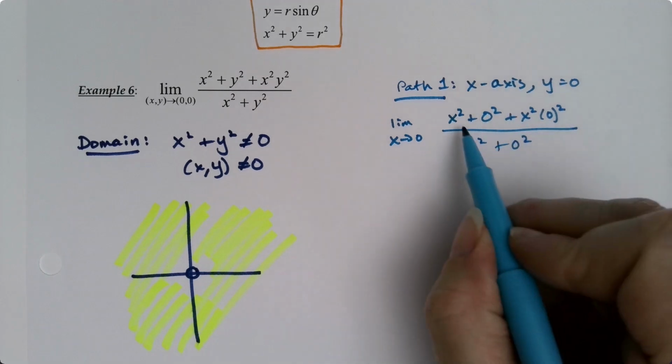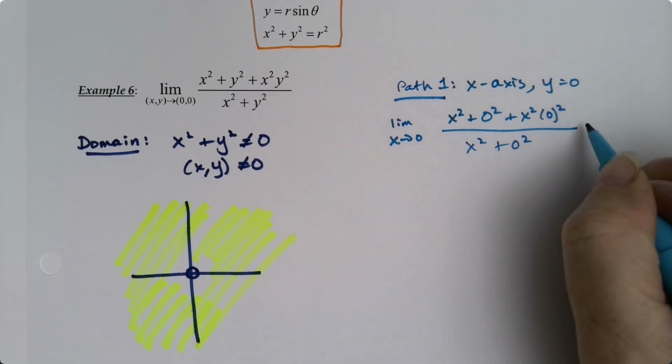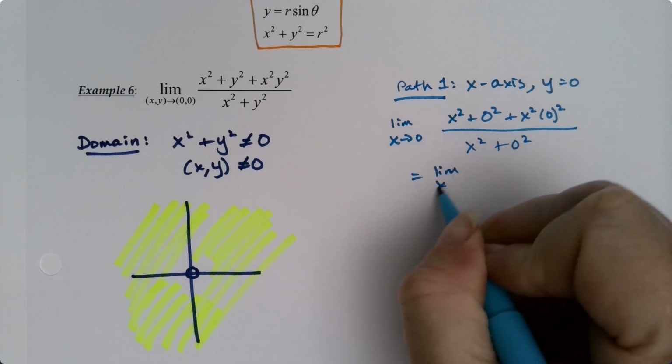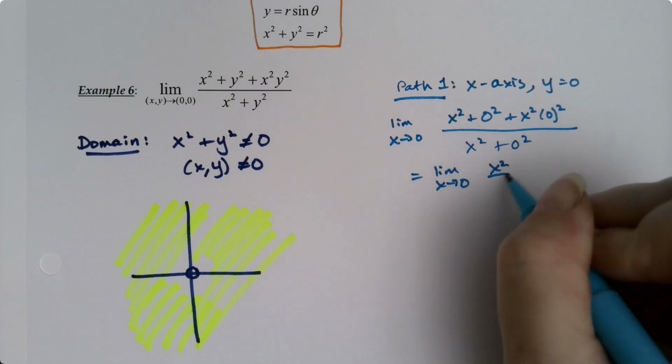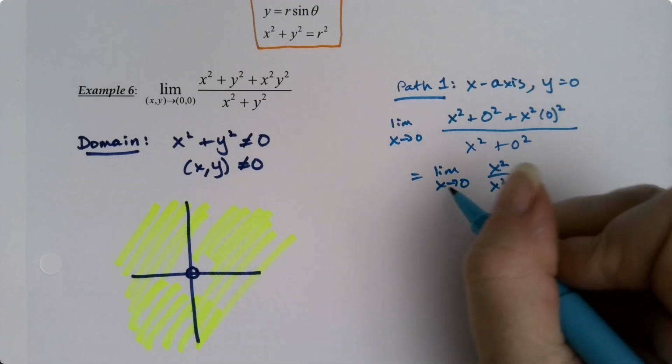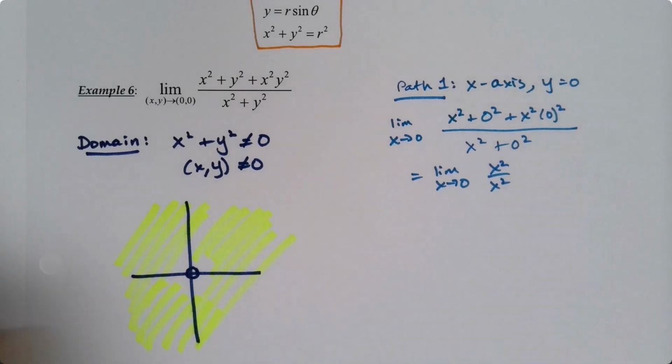Sure enough, I'm going to get x squared over x squared, which is the limit as x goes to 0 of 1. So that's 1.